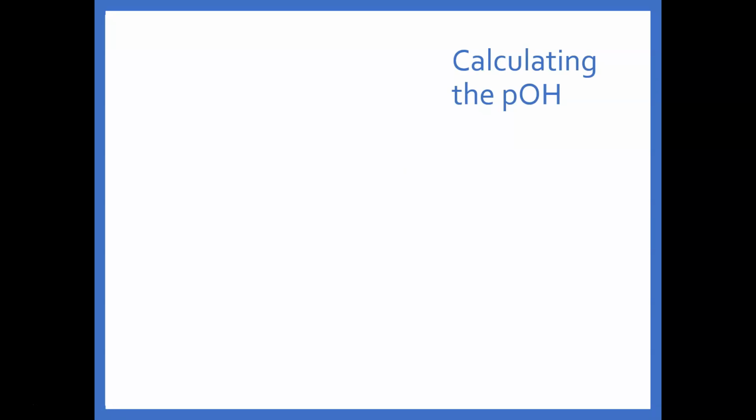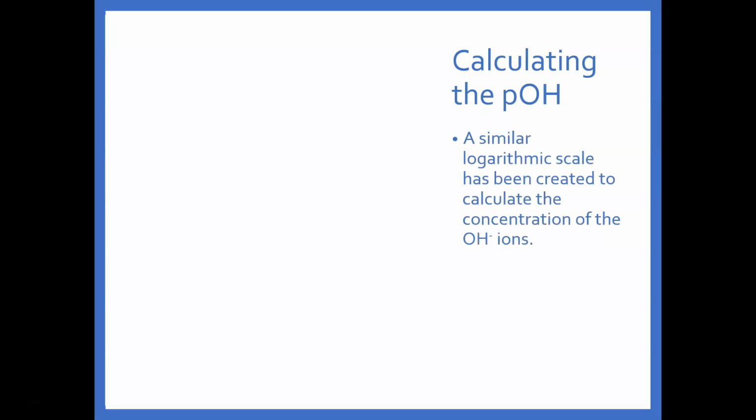Now we can also calculate pOH, which is like the opposite of pH. So a similar logarithmic scale has been calculated for the concentration of the hydroxide ions, which we talk about in terms of bases. But most solutions do have both in them.